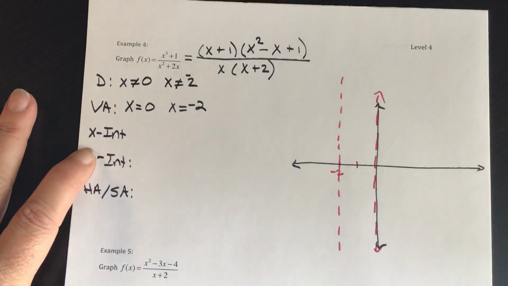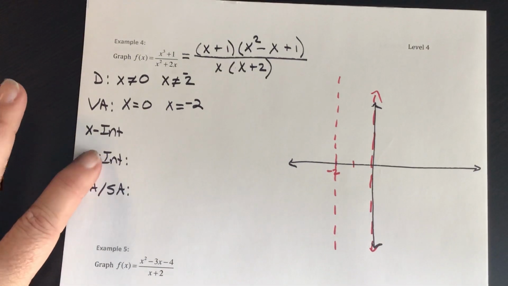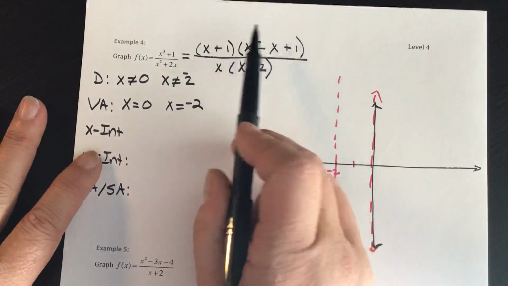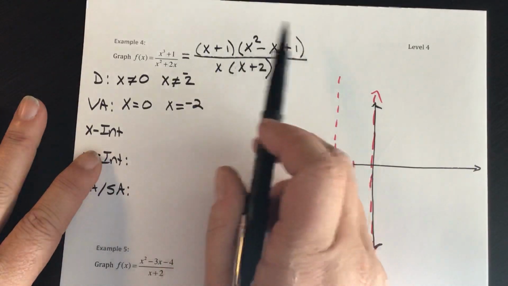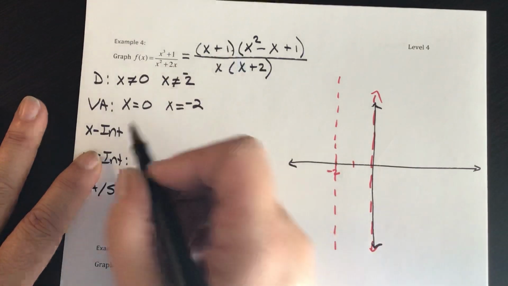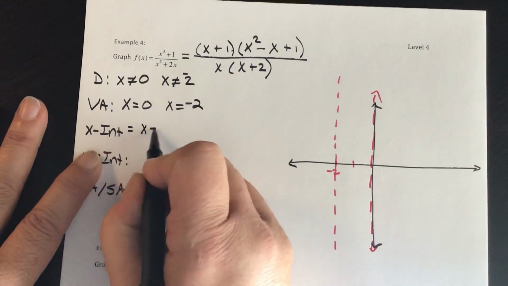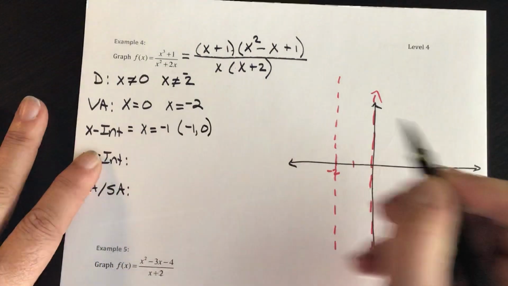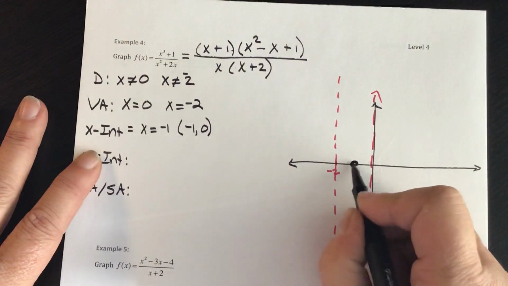Now I'm looking for my x-intercepts, and my x-intercepts will be anything that makes the factors on the numerator equal to 0. So I know x plus 1 equals 0, so my x-intercept is going to be at -1, and the point -1, 0 will be on my graph.